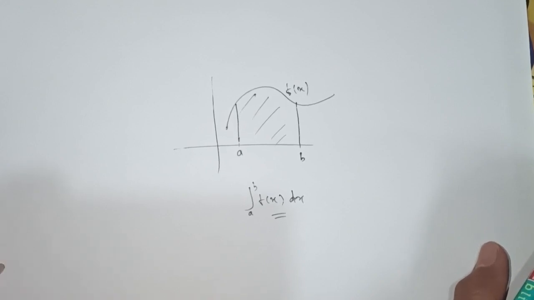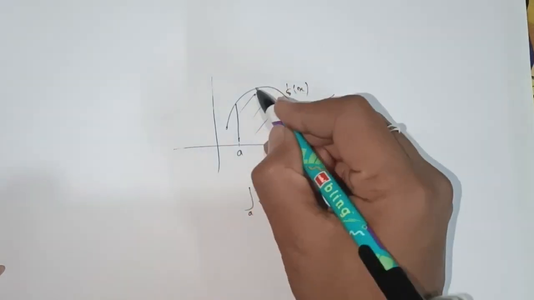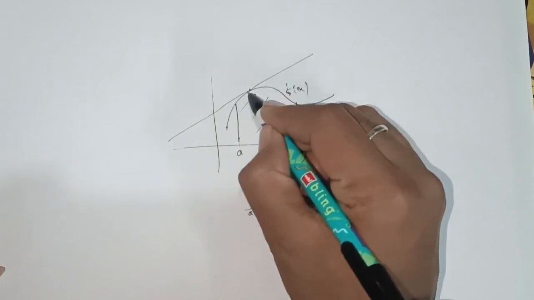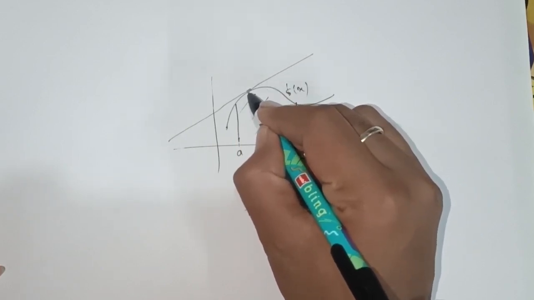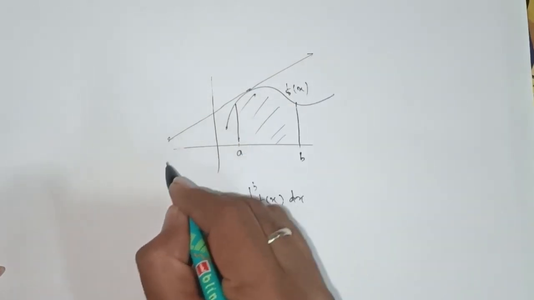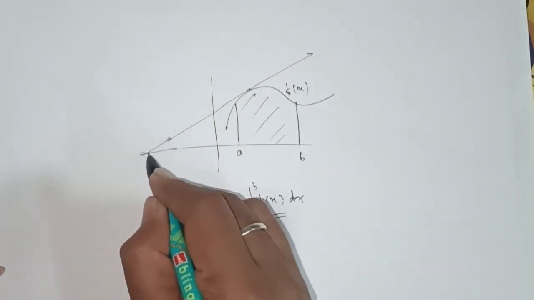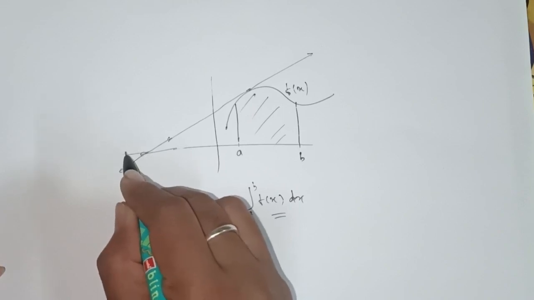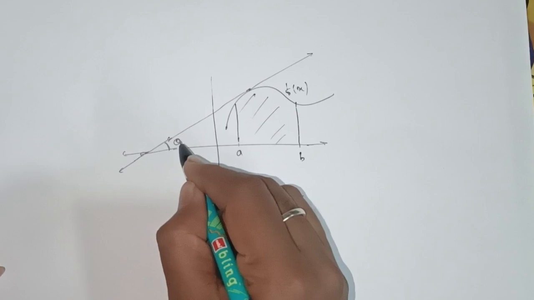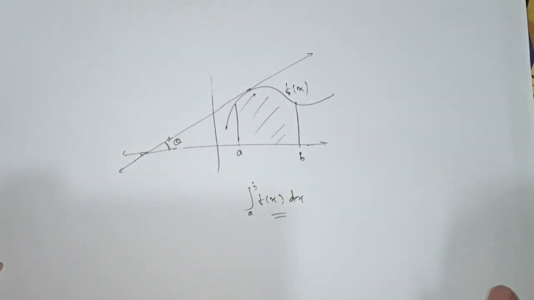Right now we are going to see this part. If we take one point and draw a line through it, you can see that it touches only one point. We call this line a tangent. If it intersects the x-axis, then there is an angle, and this angle, the inclination of this tangent, we call the slope.